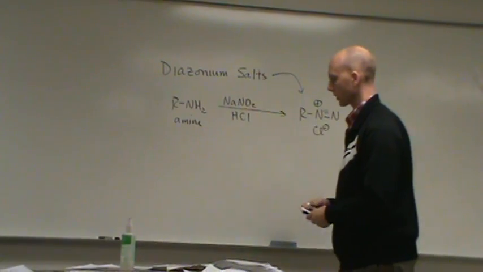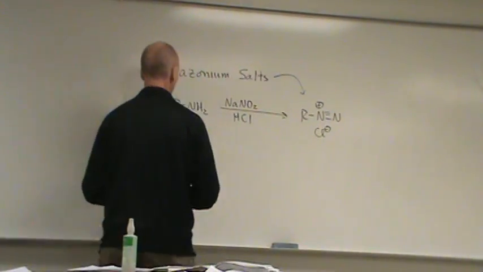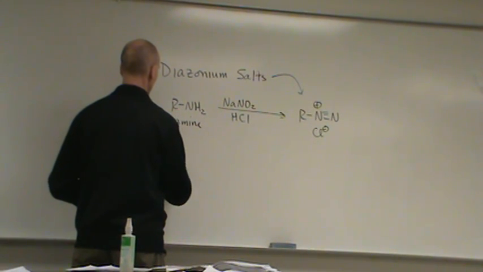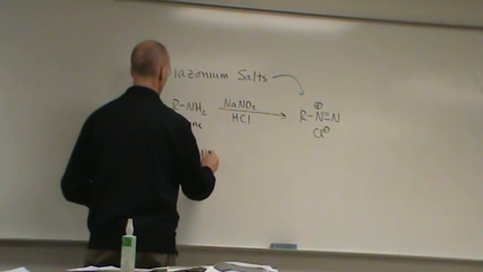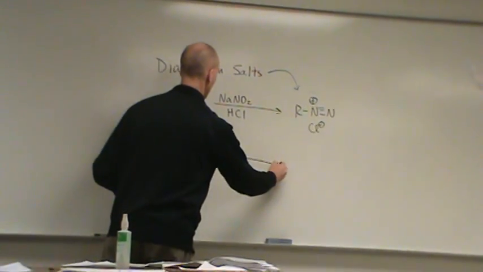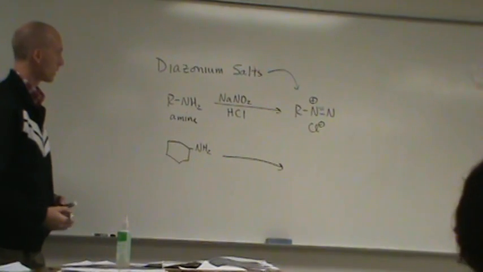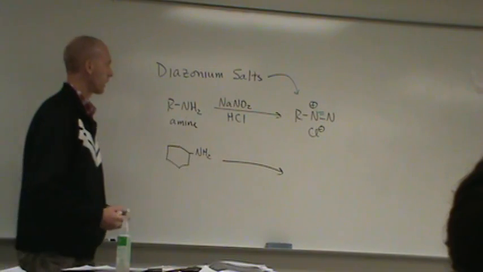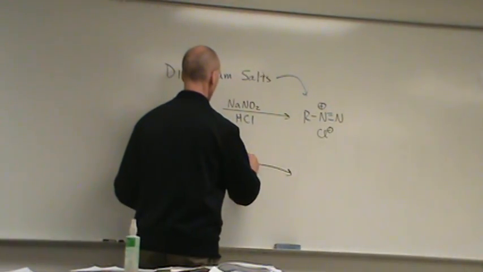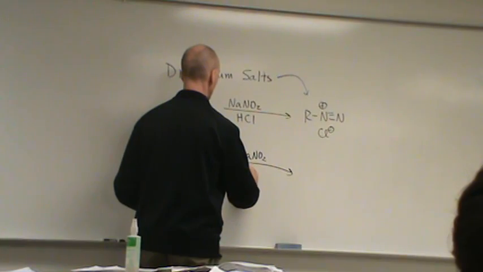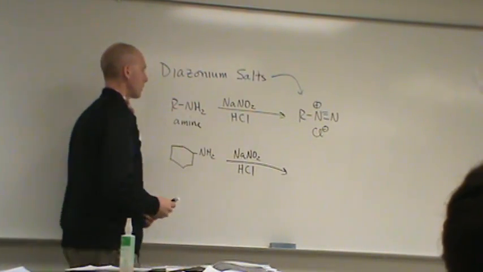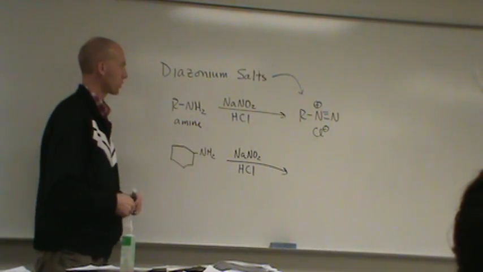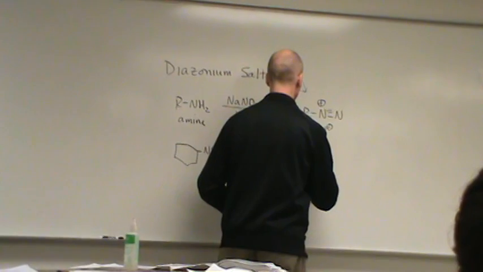Well, let's do an example of this reaction here. Let's suppose we had cyclohexylamine or aminocyclohexane and react with the same reagents. Okay, so we know that will convert the NH2 to the diazonium salt.